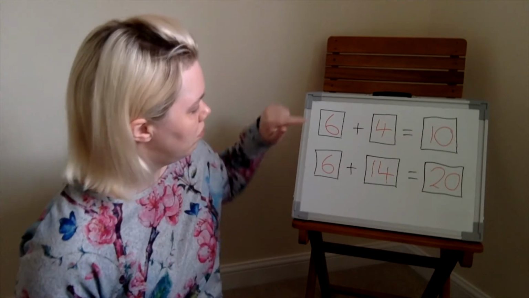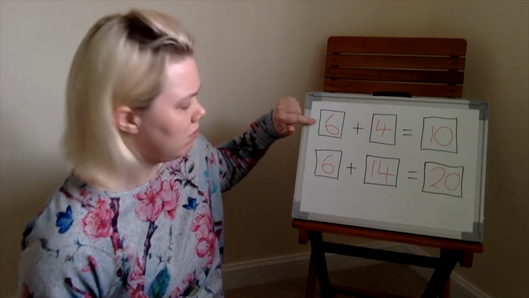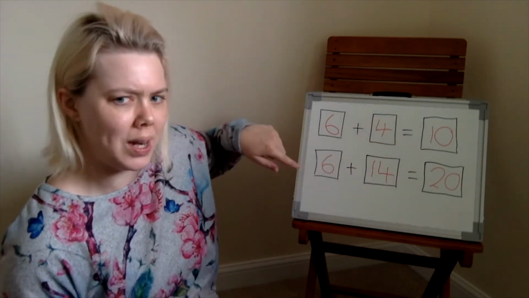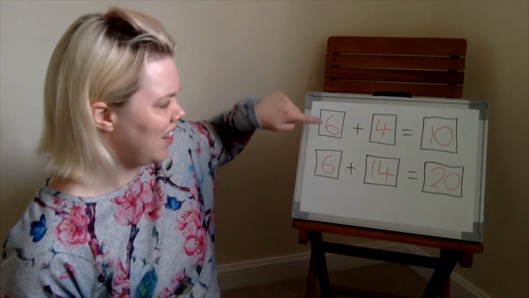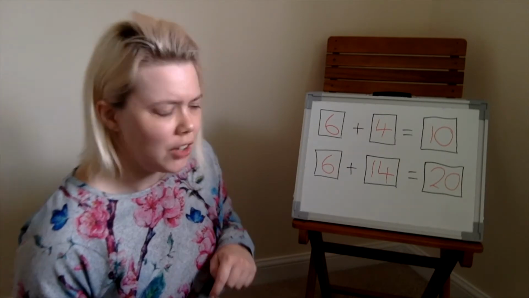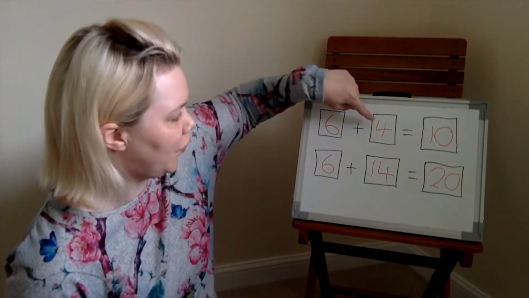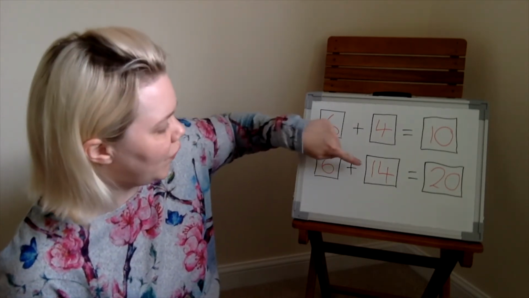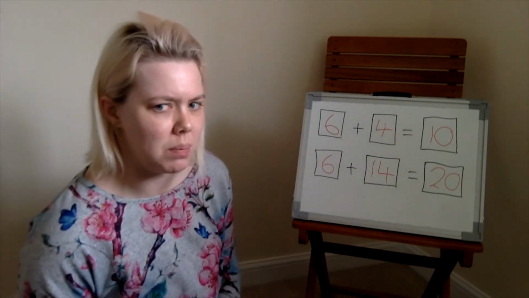I've got one number bond to 10. This is my number bond to 10. And this is my number bond to 20. And they've got a lot of the same numbers. So I know if 6 and 4 go together to make 10, 6 and 14 are going to go together to make 20.